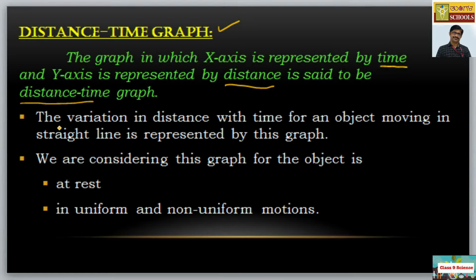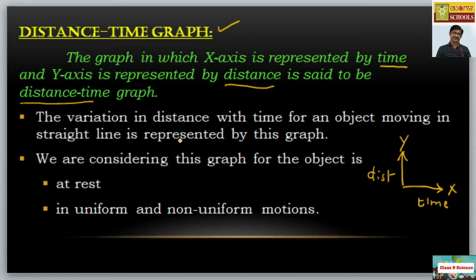You already know that a graph has two axes. One is y and the other one is x. This is x-axis, this is y-axis. So here x-axis is represented by the time and y-axis is represented by the distance. Such graphs are known as distance time graphs.